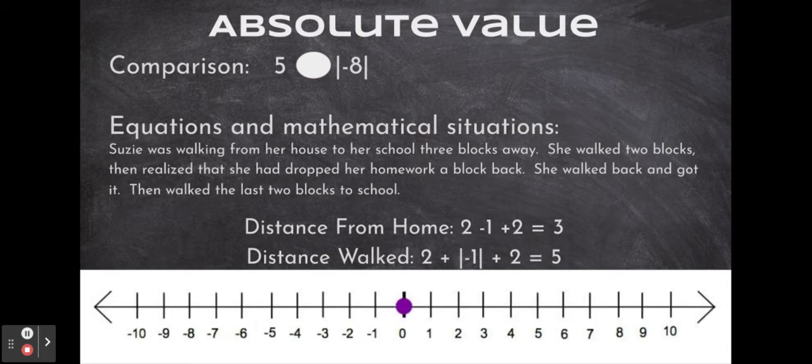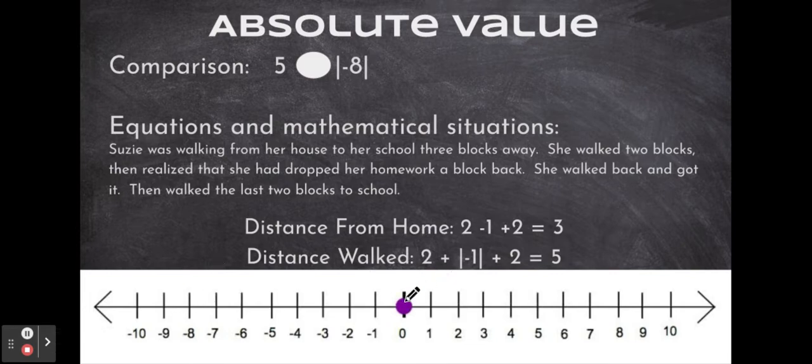One of the ways that you're going to see us using it in sixth grade is with a comparison. That means I'm looking at the number 5 and comparing it. Is it larger or smaller than the absolute value of -8? Well, the absolute value of -8 means how far away from 0 is -8. Well, -8's all the way down here.